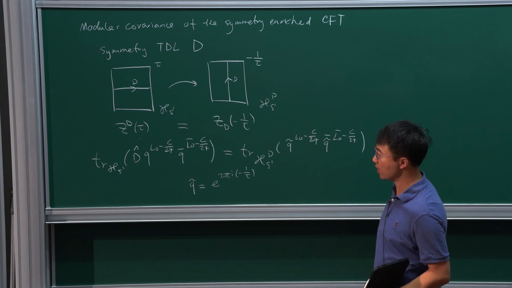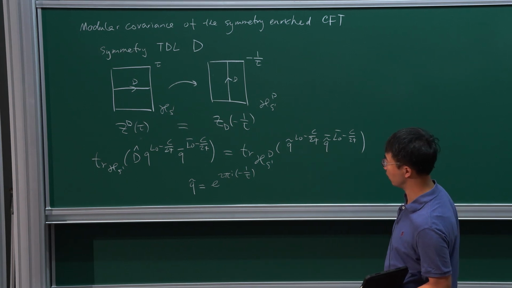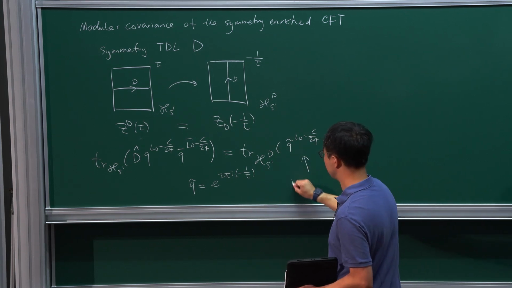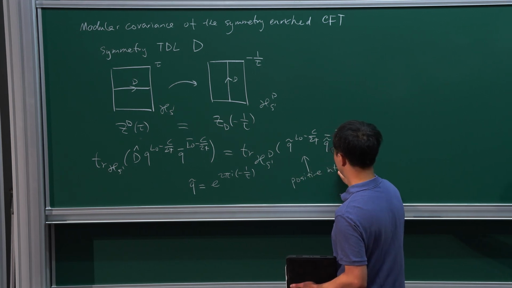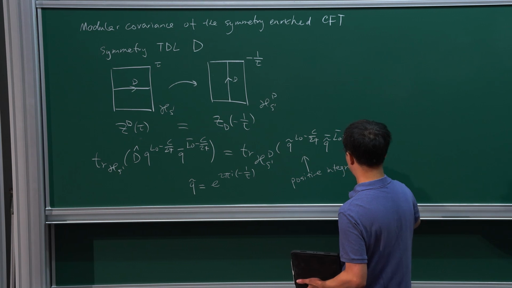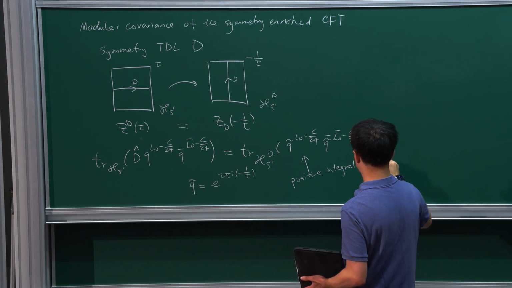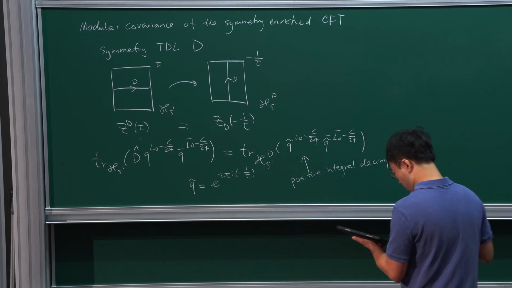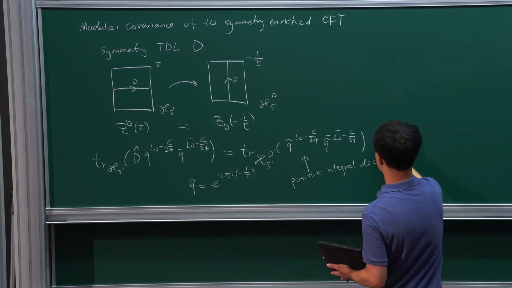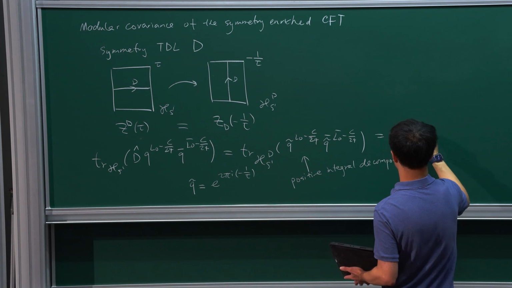And because this Hilbert space respects symmetries by both Virasoros, this has positive integral decompositions into Virasoro blocks with degeneracies.